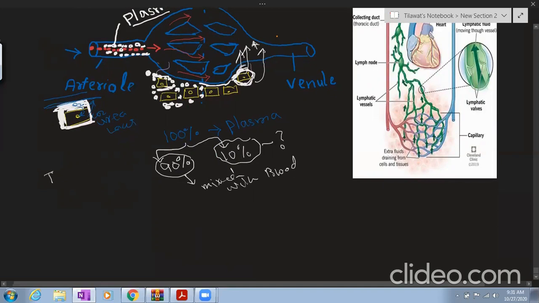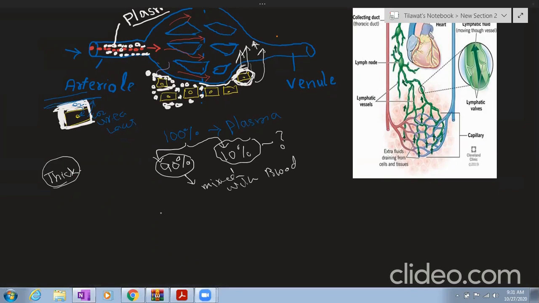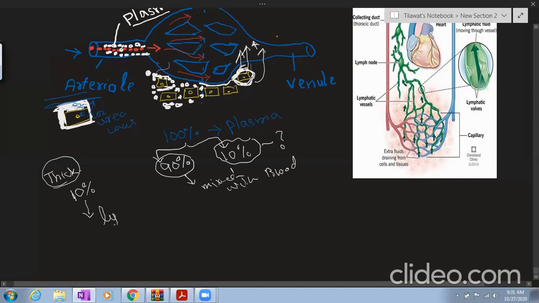Your blood will become thick, and when your blood becomes thick, it will be difficult for blood to move through your blood vessel. That's why for this 10%, we need what? We need the lymphatic system. Through the lymphatic system, it will mix with your blood again.